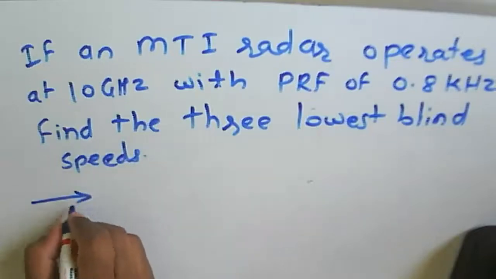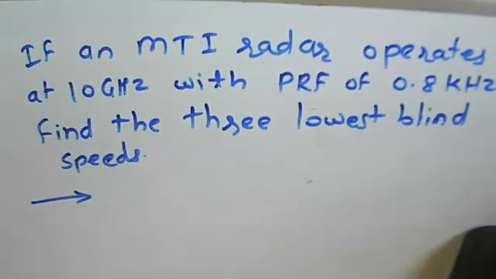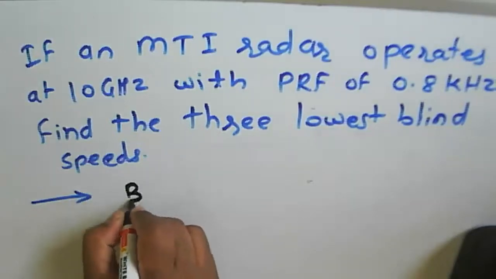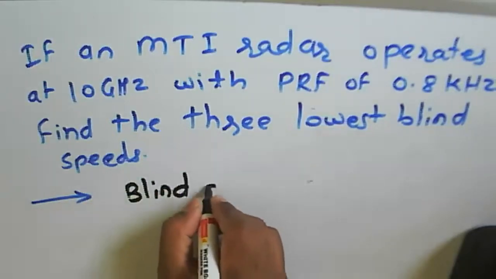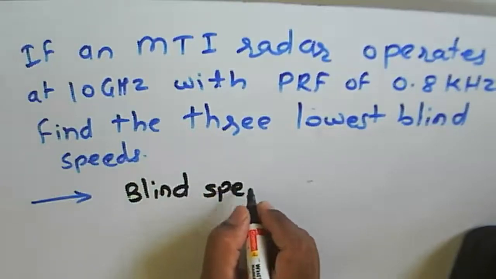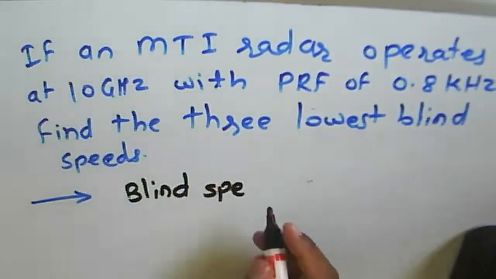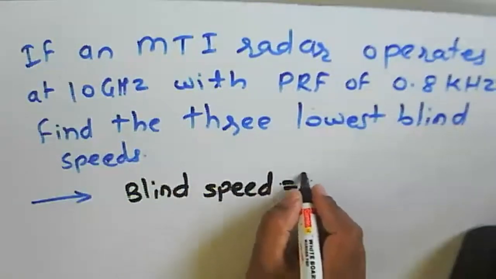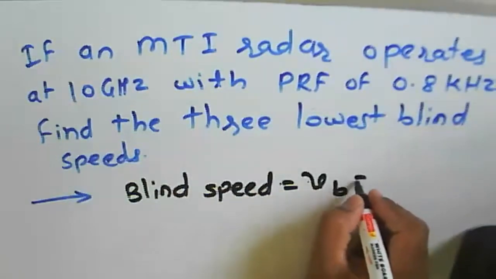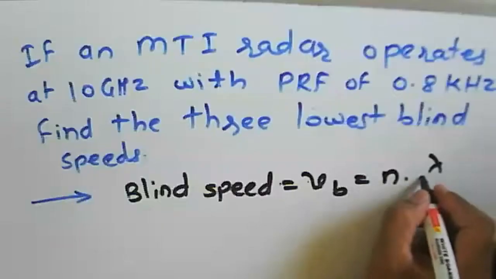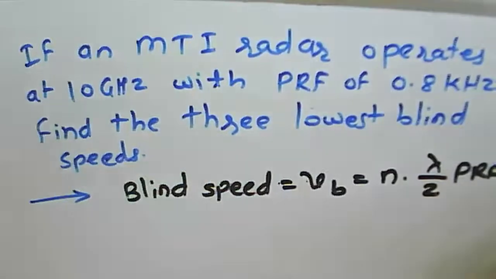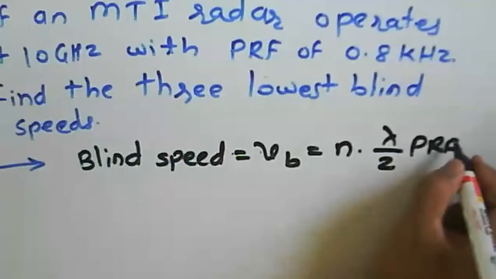Now, as we know, just like in the earlier case, the blind speed VB is equal to n lambda by 2 into PRF, where PRF is the pulse repetition frequency.